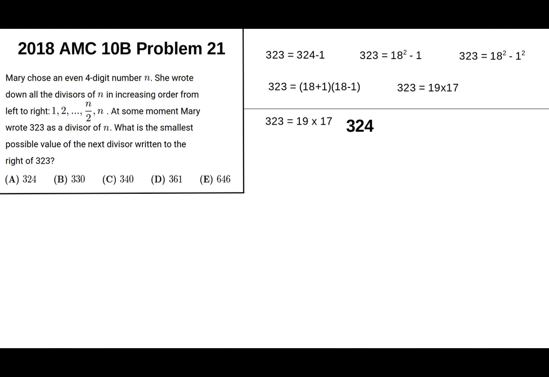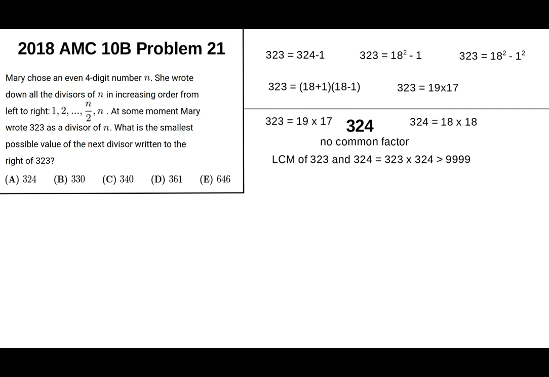So let's try 324 first. 323 is 19 times 17. 324 is 18 times 18. They don't have a common factor, so we multiply to find the LCM. We're multiplying to find the LCM because n has to be divisible by both 323 and 324 if they're factors of n. So if we find the LCM, we find the lowest common multiple that n must be divisible by.